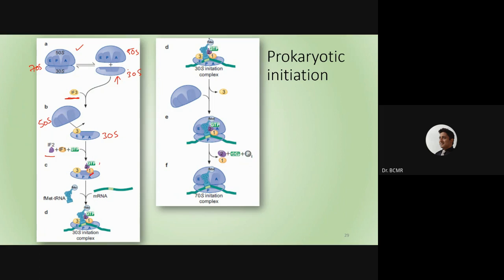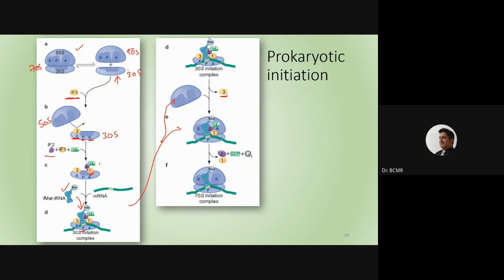The binding of IF2 will facilitate the binding of the tRNA at the P site. So the E site is occupied by IF3, the A site will be occupied by IF1, and the P site is occupied by the initiator tRNA. Okay? And then from here, the first thing that happens is IF3 is released.